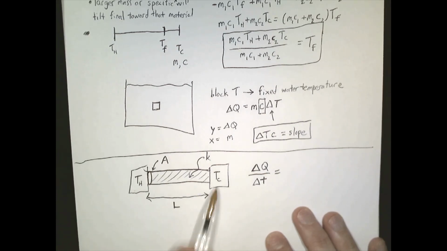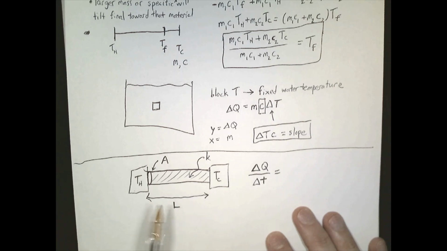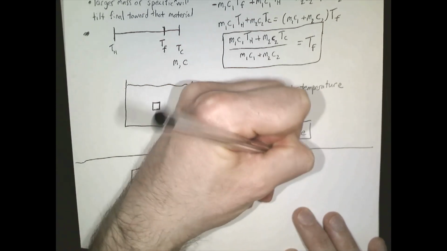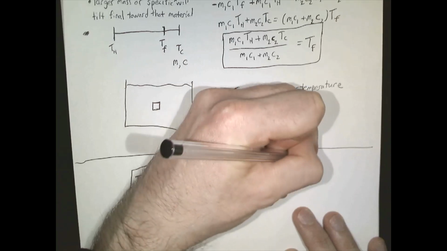If this is really hot and this is really cold, that's a big difference, and the heat is going to want to more readily travel between that difference. So this is the Q dot equals k A delta T over L equation.